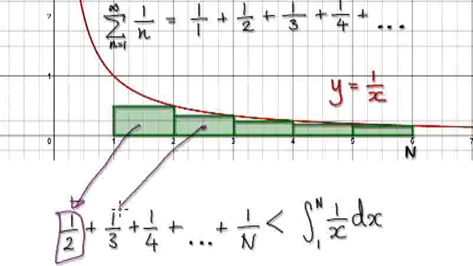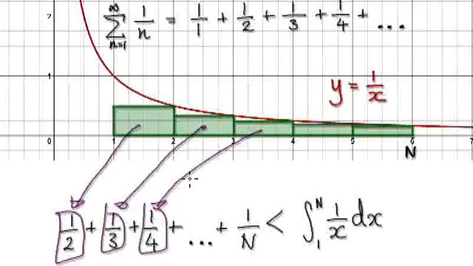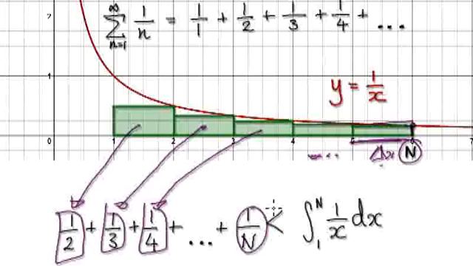So this would be a half, this would be a third, this would be a quarter, and so on. But the last one would be you jumping to n and then drawing it across. So the last one would be 1 over n times the width, which is 1. Delta x here is 1. So the last term is 1 over n.